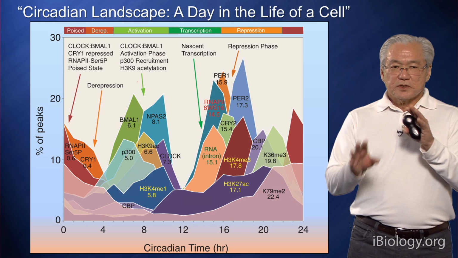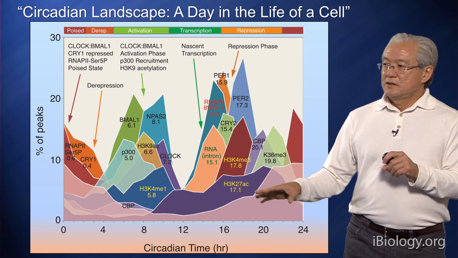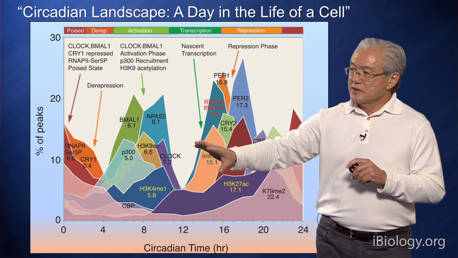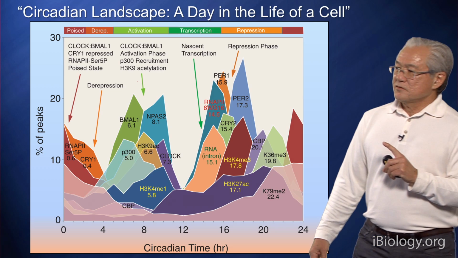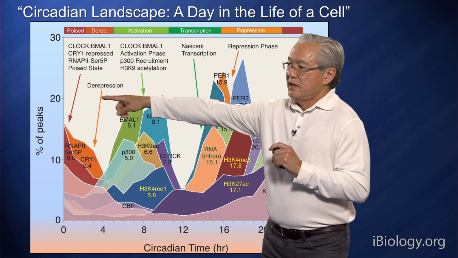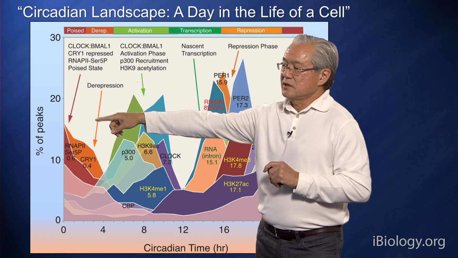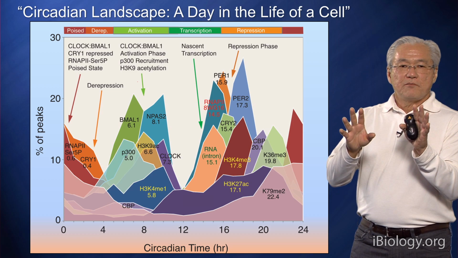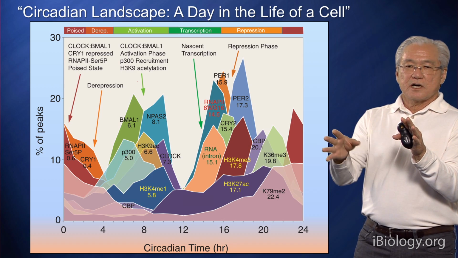So to try to put this all together, if we try to map out these modifications during the day on a circadian basis, what we see in the liver is an interesting set of changes. In the morning at CT0, we see a new state that we didn't see before, and that is that Clock and BMAL are bound to the DNA, yet the gene is not turned on.